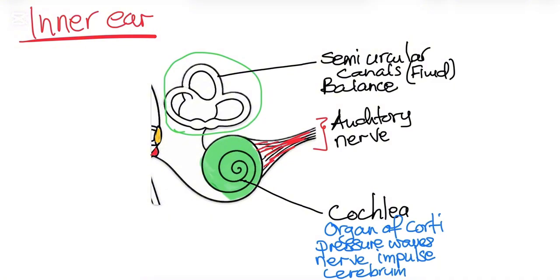They are two different things. The auditory nerve will then transmit the impulse to the brain, and because we're talking about hearing, it goes to the cerebrum for interpretation.